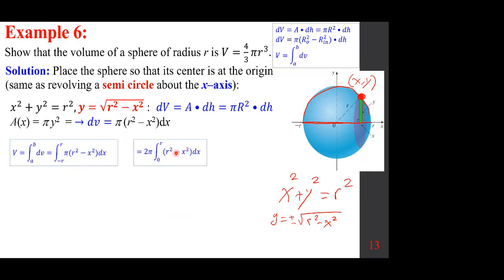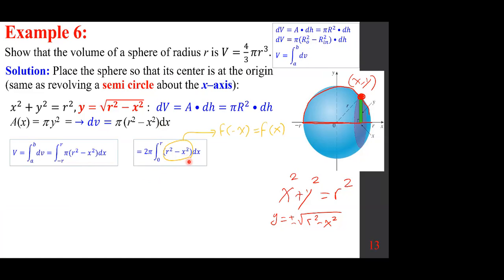Prove, show that f of minus x equals f of x. That's all you have to do. And so what happens? Now it's simple. 2 pi remains. R squared becomes r squared. X minus x squared becomes minus 1/3 x cubed.